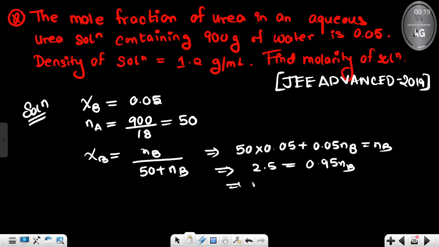Right? So from there I can find out nB as 2.5 divided by 0.95. Right? Correct or not? তাহলে এখান থেকে আমি nB এর ভ্যালুটা পেয়ে গেলাম. তাহলে nA nB দুটোই পেয়ে গেলাম.